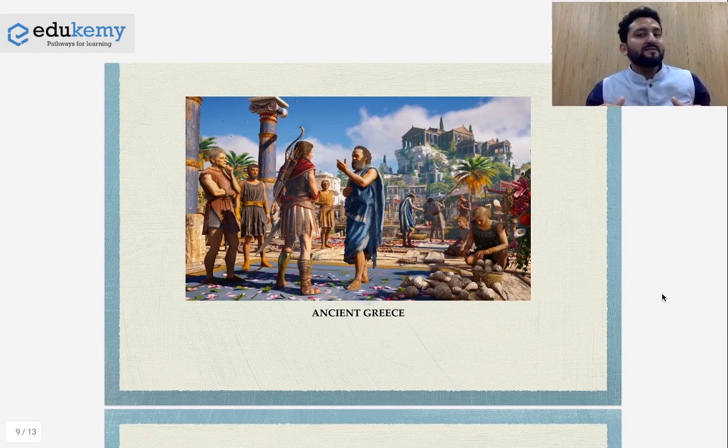The views of Socrates and Plato are considered like footnotes of political science or of different theories which came afterwards. So this was the importance of views given in ancient Greece. It is said that political science as a discipline got modeled in ancient Greece.